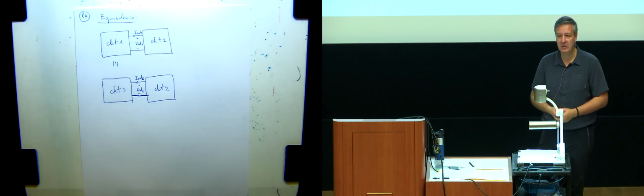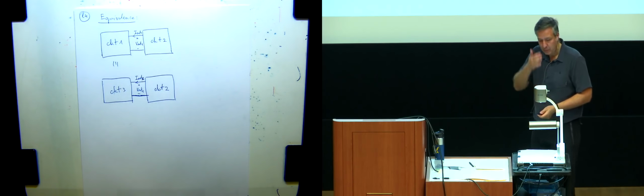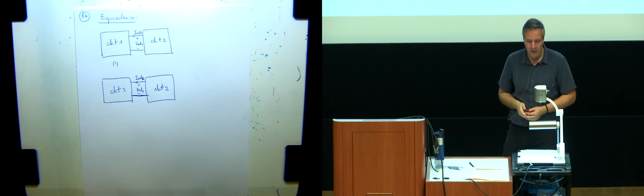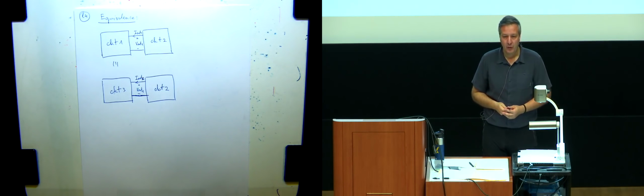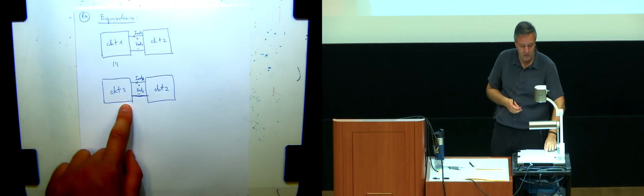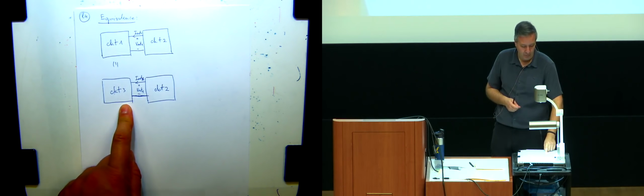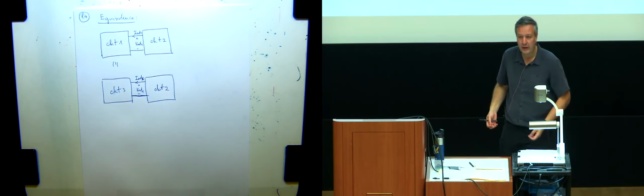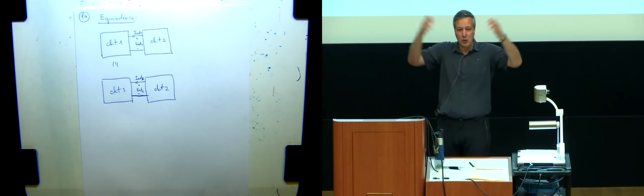Now, you go in and you want to make some small modification to your circuit, from circuit 1 to circuit 3, but you don't really want to go and hook it up to circuit 2 again and solve the whole big thing.